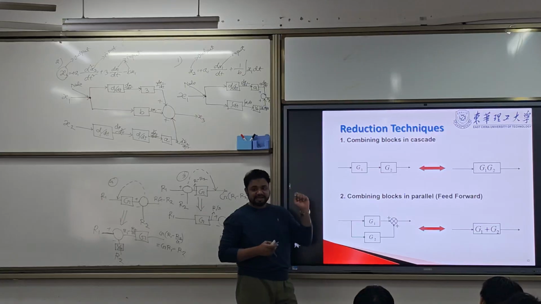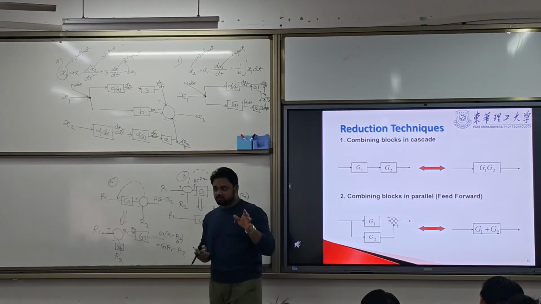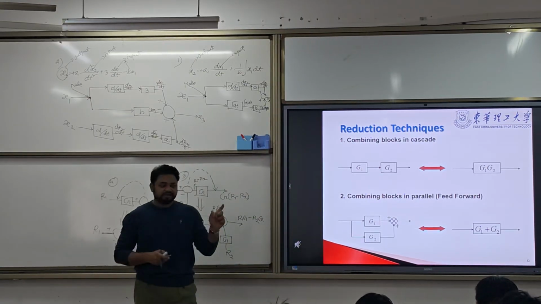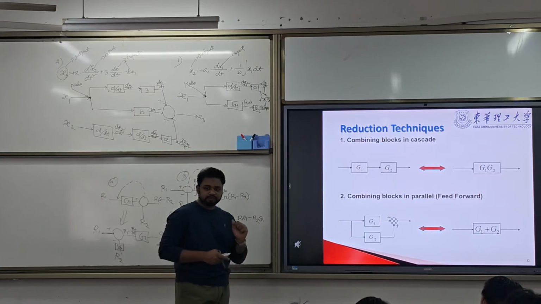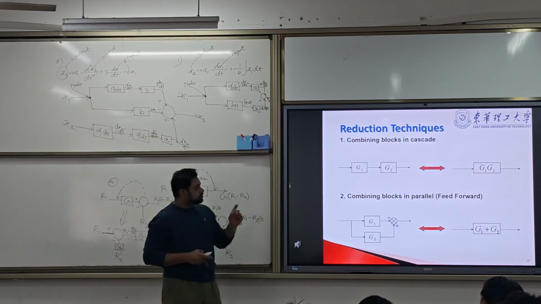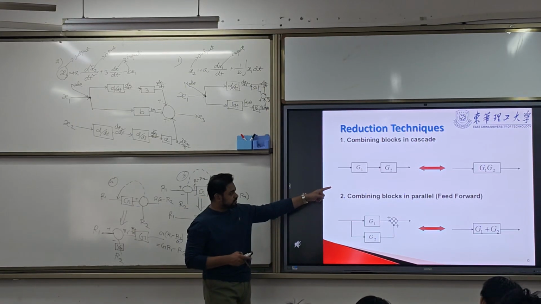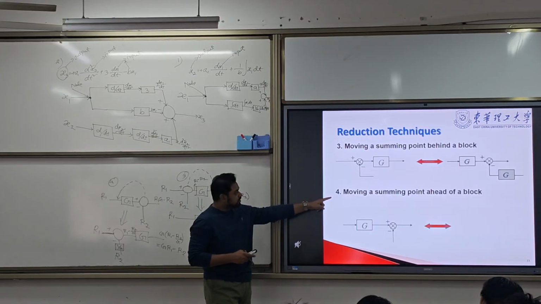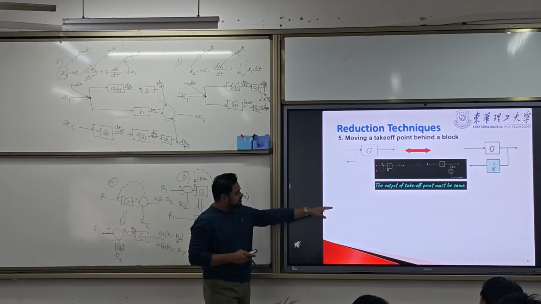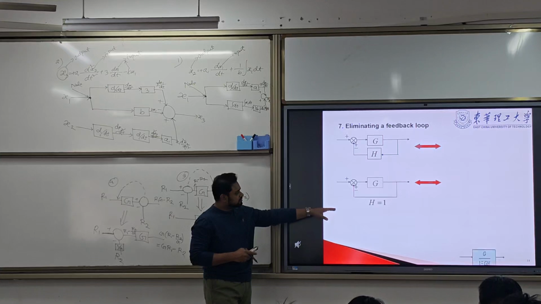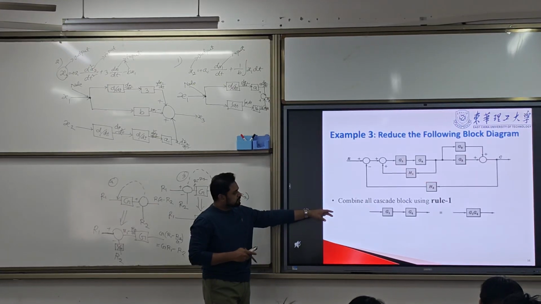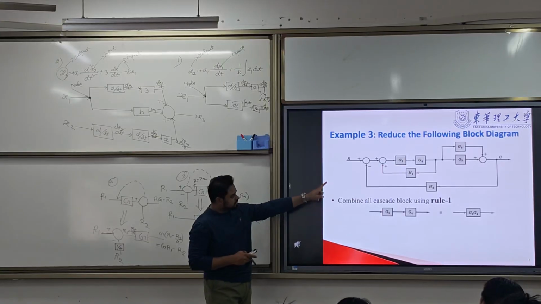Combining the blocks in cascade, in series, the gains will multiply. So if two blocks are in series, we will multiply the gain. We will combine that first block here, and it will give you G1 G4.